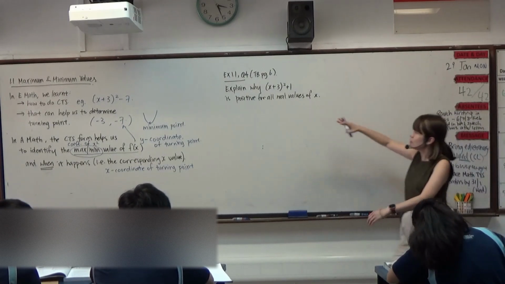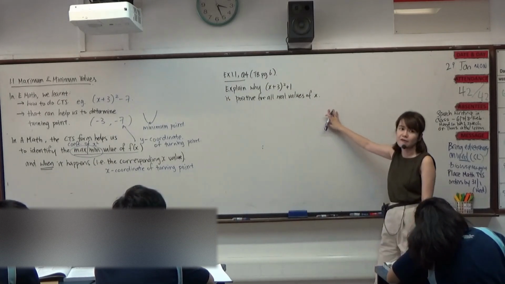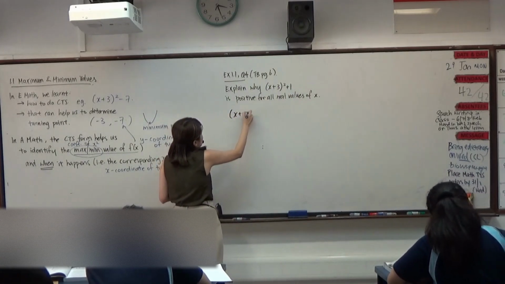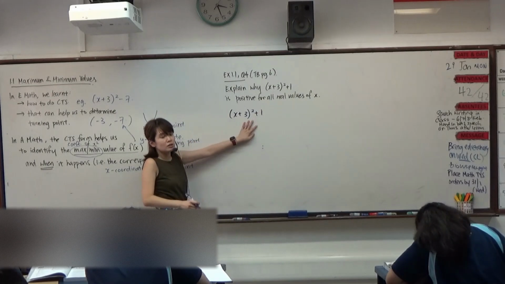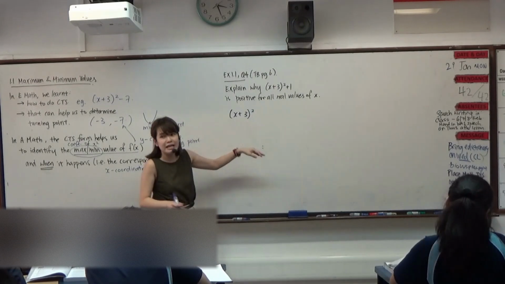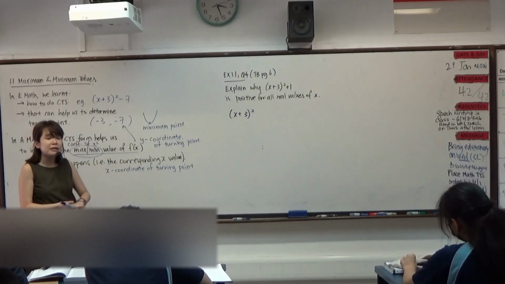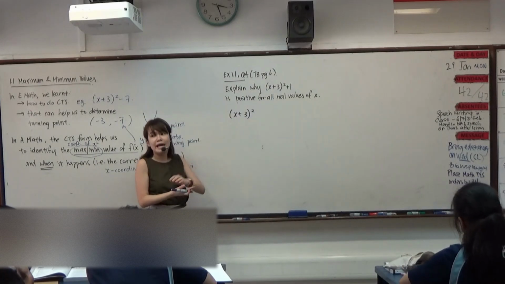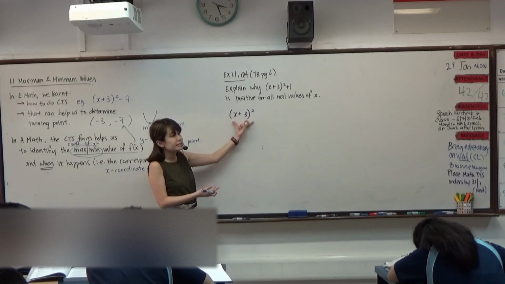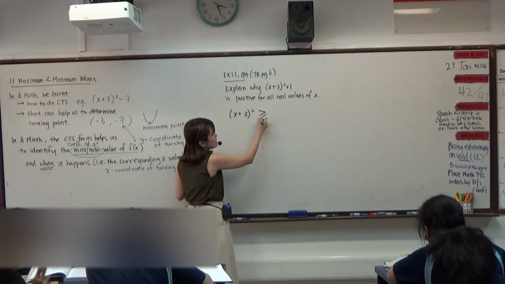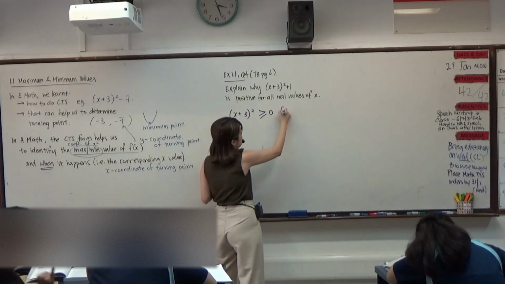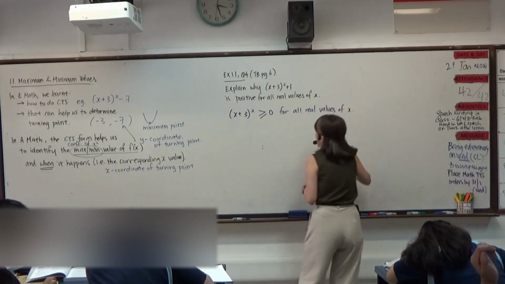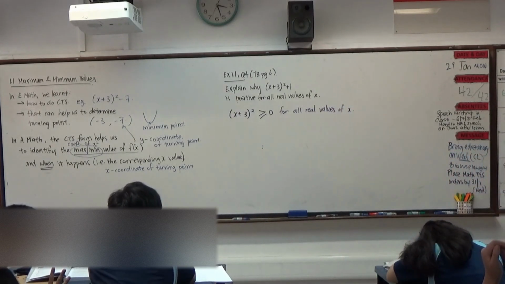To explain why this is positive for all real values of x, we always break it down by observing what is inside the expression itself. Inside this expression, there is this part here that varies. It keeps on changing because of the x value, as there's no certainty over what x is. We have already learned that this (x plus 3) squared is always going to be positive or equal to 0 for all real values of x. This is something that we are certain of. It can never be negative.